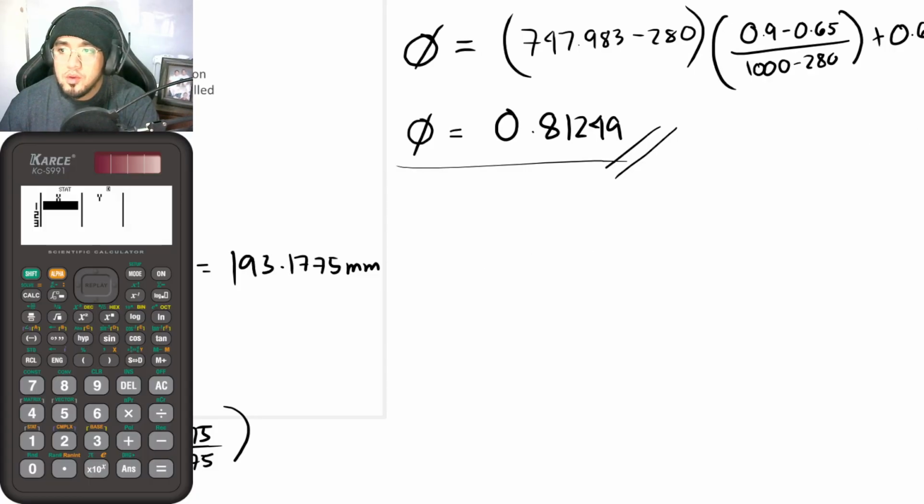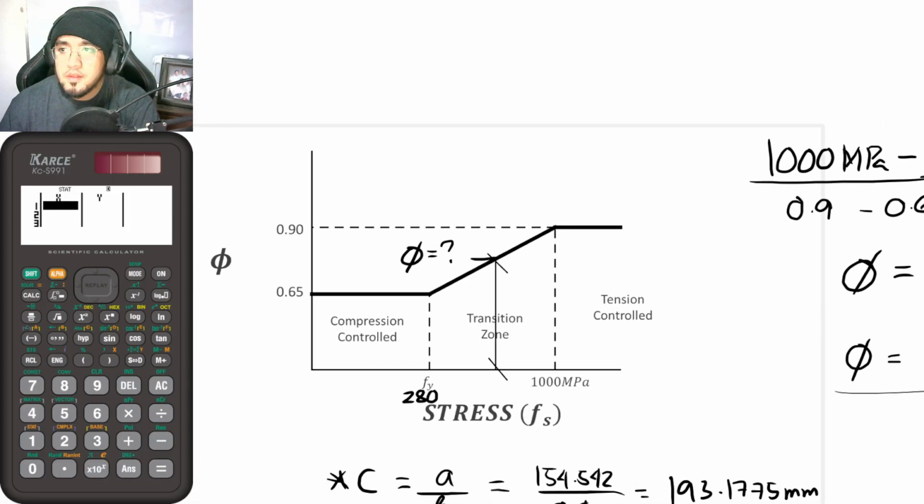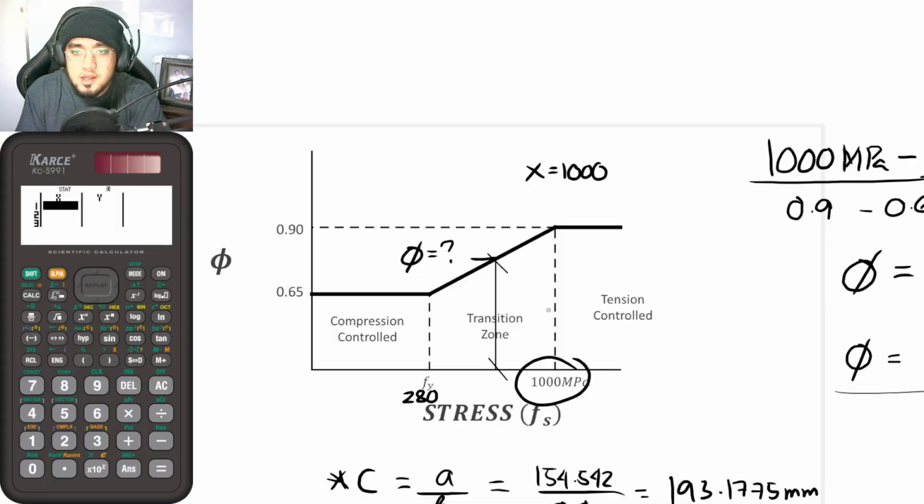In this particular slope, I know that when x is equal to 1,000, y is equal to 0.9. And when Fy is equal to 280, when x is equal to 280, I know that y is equal to 0.65.